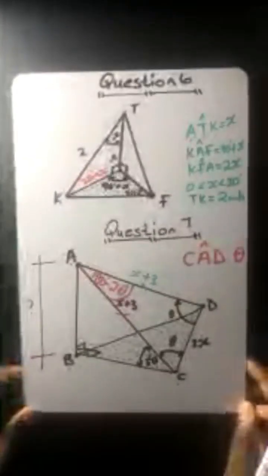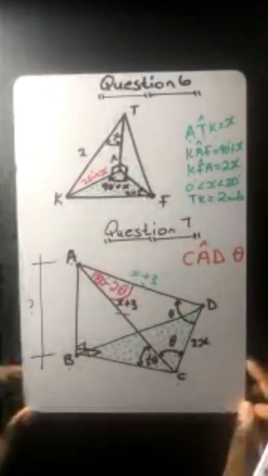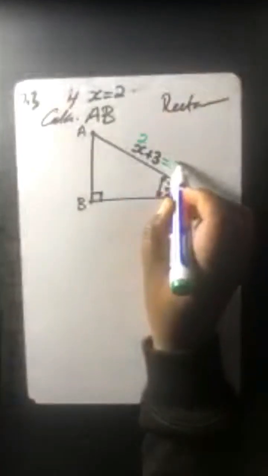Now, let's see. If you remember, they said that is equals to that. So that means this is 2 there. If it's 2, that means this side is actually equals to 5. Before I go deeper, guys, am I not losing you up to this point? Are we still together?